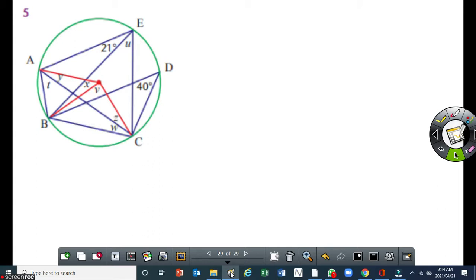Theorem 3, an angle subtended by the diameter is equal to 90 degrees, which we also call angle in a semicircle. Theorem 4, angles subtended by the same arc or chord on the same side of the chord are equal if they are on the circumference. As a shortcut, we call that the angles in the same segment theorem. So we did those.